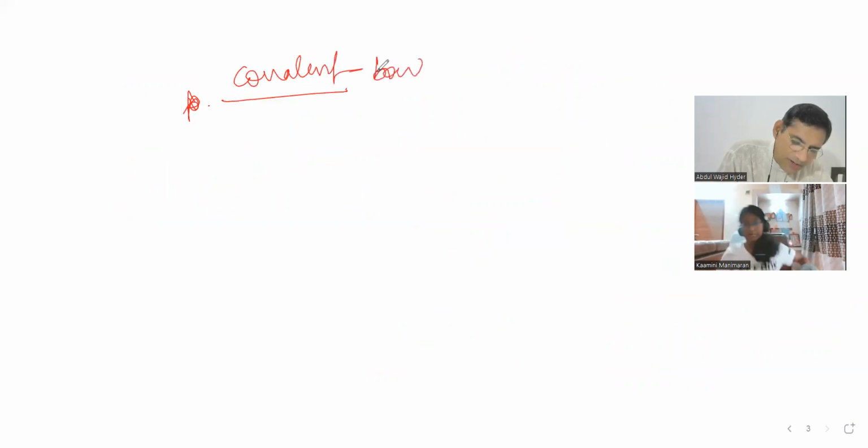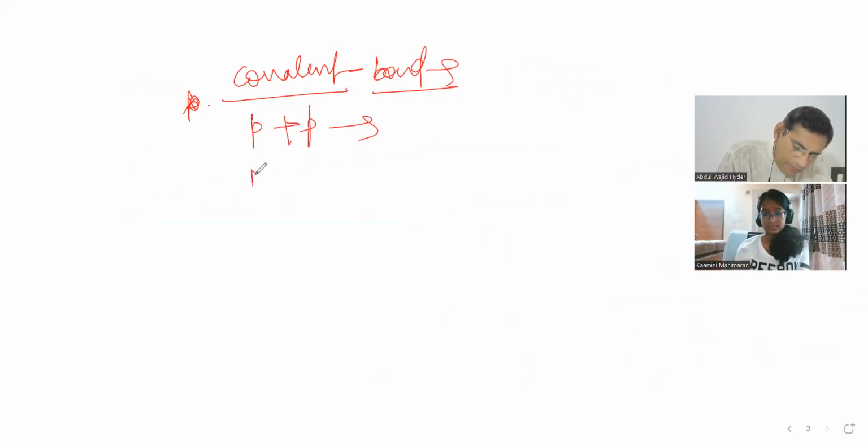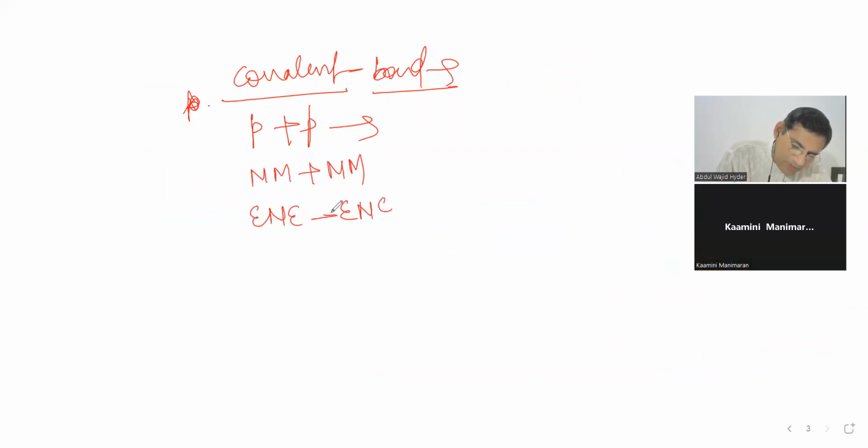Now see covalent bond. If P block elements combine with P block elements, or if non-metal combines with non-metal, if an electronegative element combines with an electronegative element only, see, nitrogen is electronegative and oxygen is also electronegative. If both combine, then which bond will be formed? Covalent.